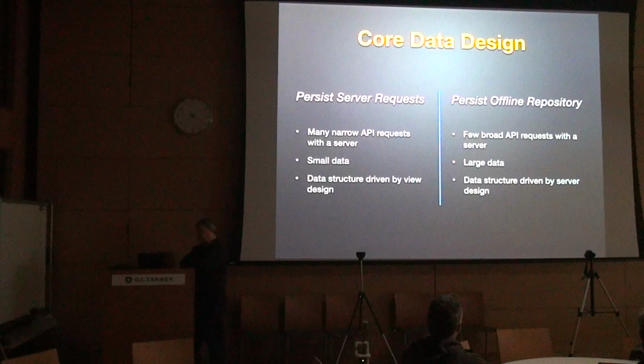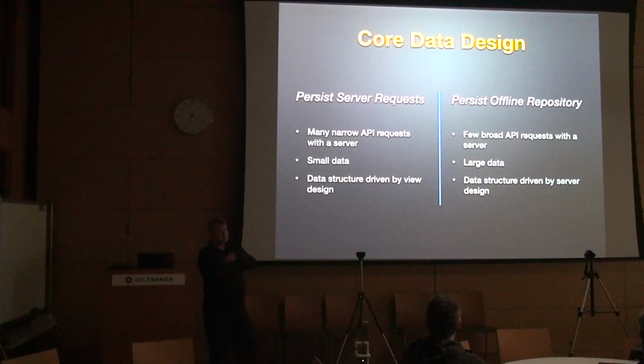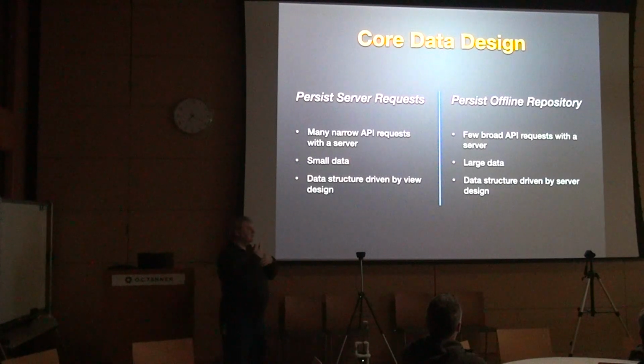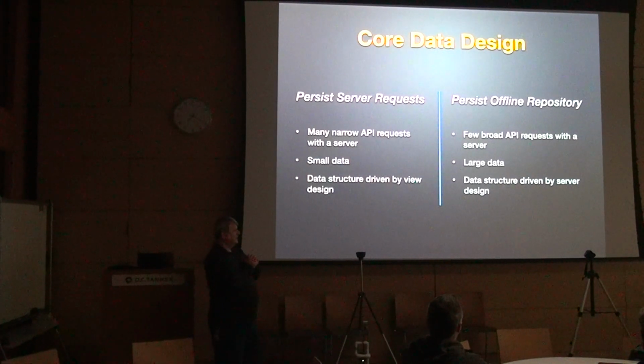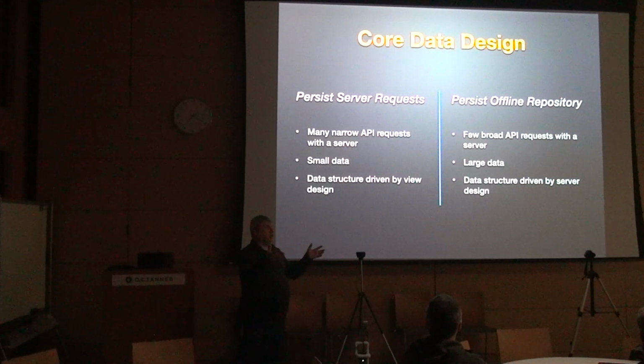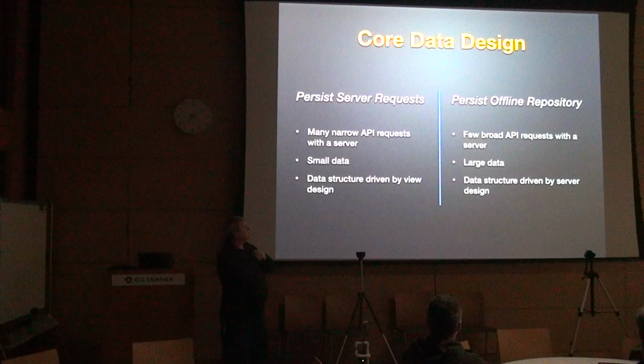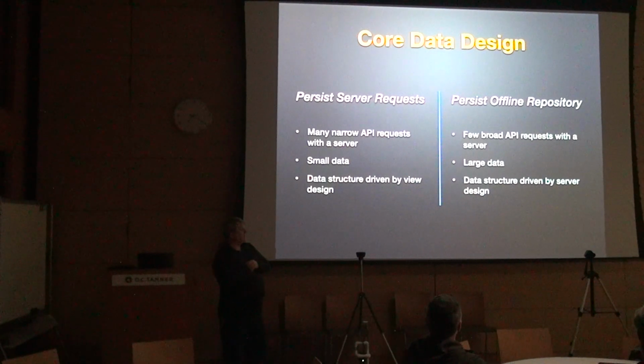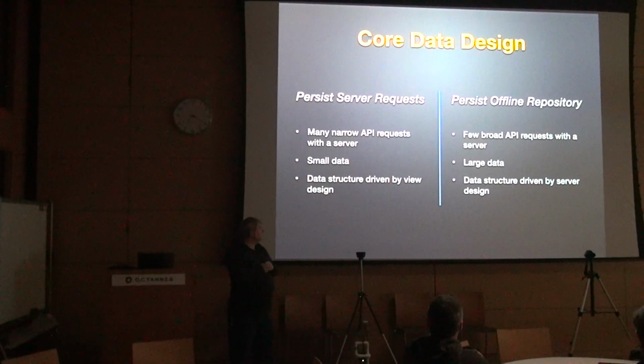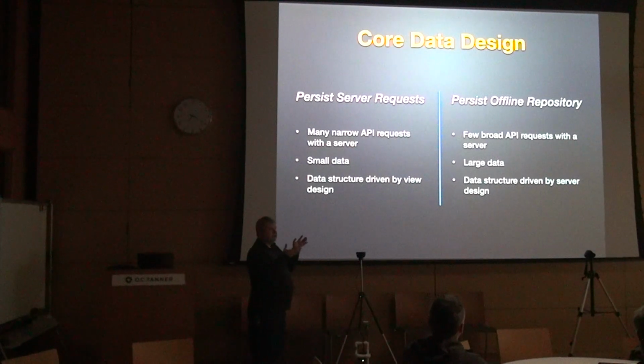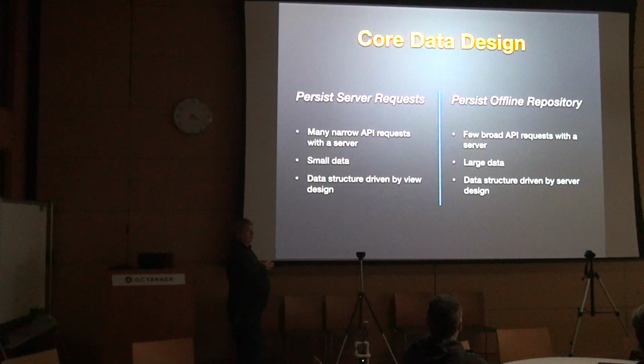For an offline repository, you want to get big segments of data, and then you figure out the relationships locally. So let's take, for instance, employees or people on your team. You could make a request that says, give me all the employee names, just the pertinent data that I'm going to need to do my stuff. You don't need everything, but pull all of that stuff that you need.